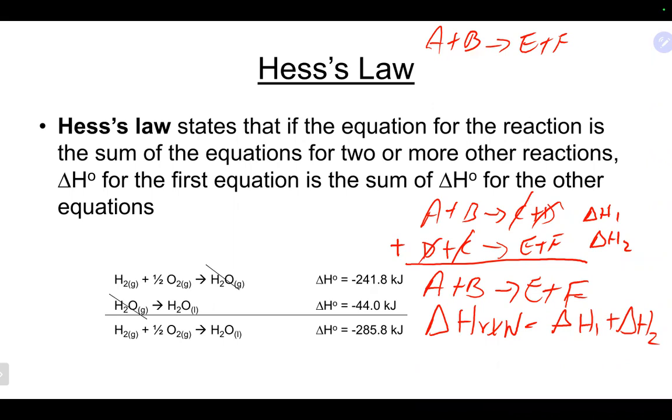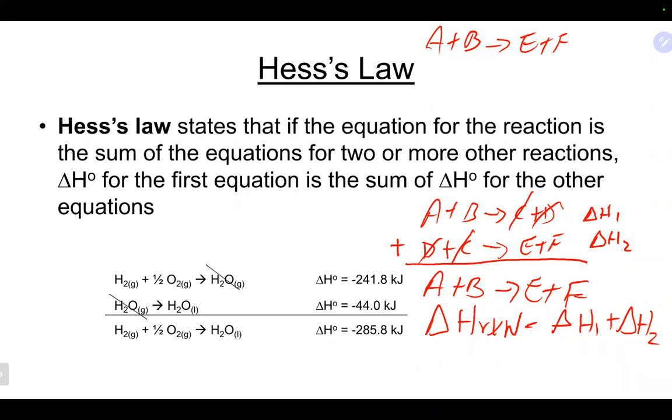That's 44 kilojoules. Adding together, the waters in the gas state will cancel, leaving us the overall reaction. In this particular case, we would just add both of those values together.